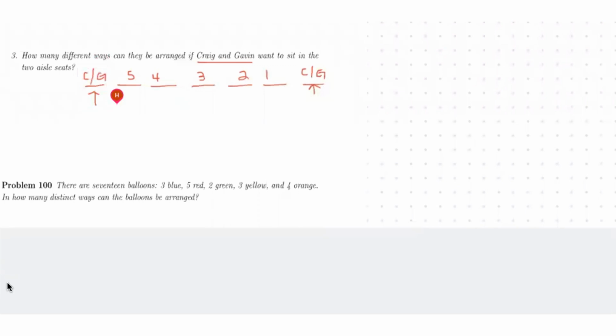Agree? Somebody sits in this aisle, and then automatically the next person sits in the other aisle. So there are 2 ways to sit.